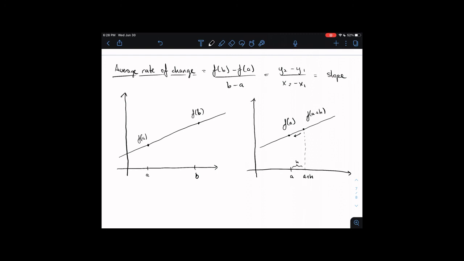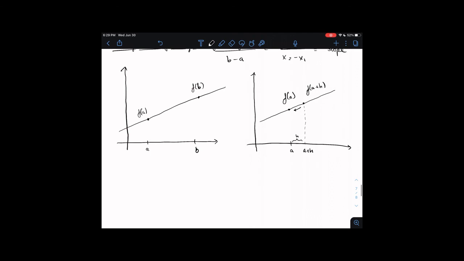And that'll give us really what is an idea of instantaneous rate of change. So this is instantaneous rate of change. You take h to 0.